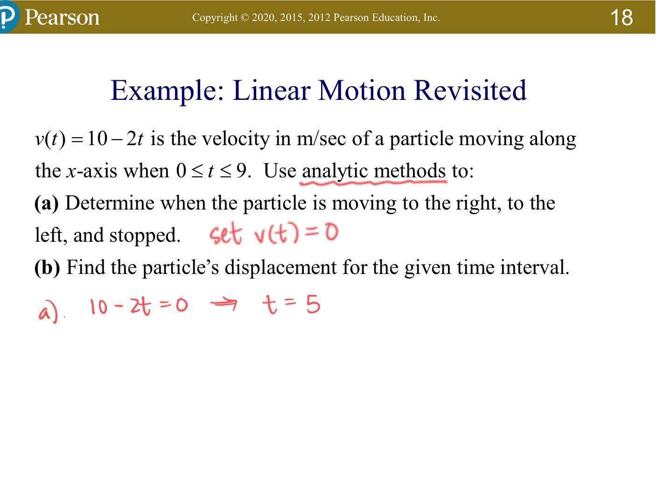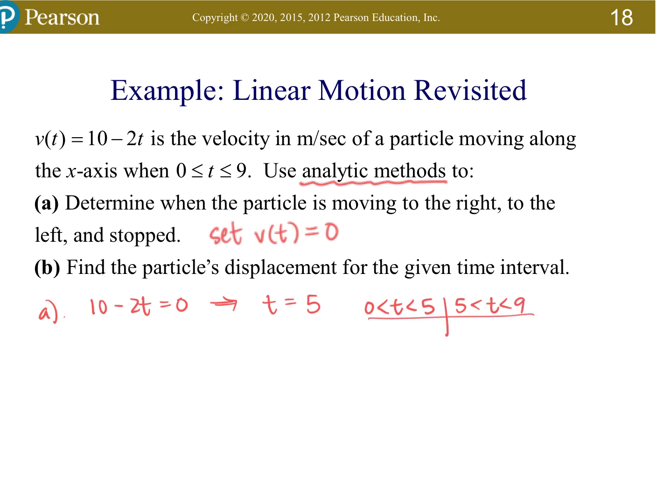That tells me when my particle is at rest or stopped. So my particle has no velocity at that point. Then I want to set up an interval at that critical point of 5 from the beginning of the time interval to the end of the time interval, and then test for the direction.